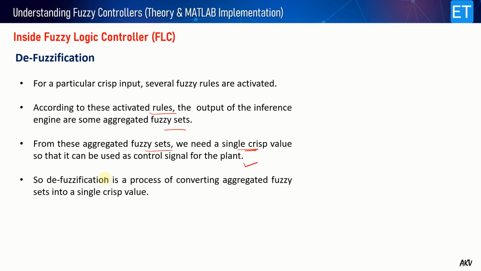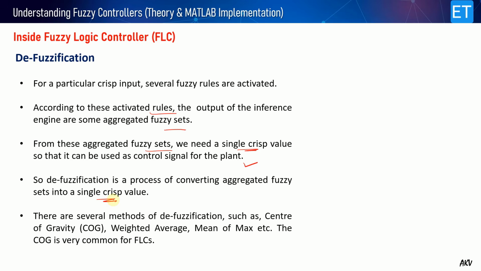So de-fuzzification is the process of converting aggregated fuzzy sets into a single crisp value. Several methods are used for de-fuzzification, such as center of gravity, weighted average, mean of max, etc., where COG is very common for FLCs.